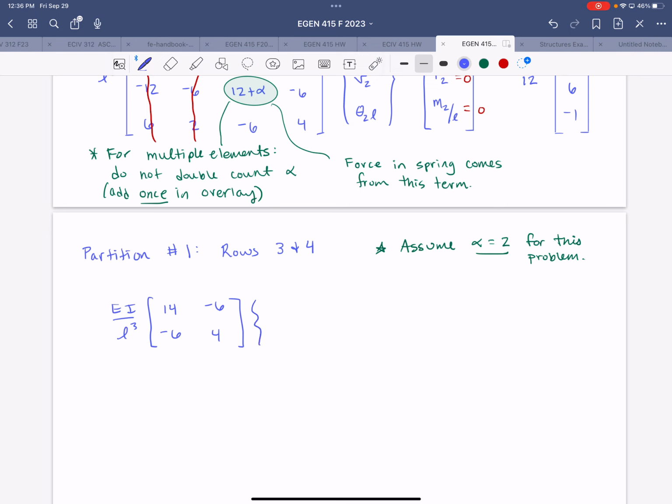This gets multiplied by the non-zero displacements, V2 and theta 2L, and set equal to our known forces. On the right side, it's 0 and 0 minus QL over 12 times 6 and negative 1.